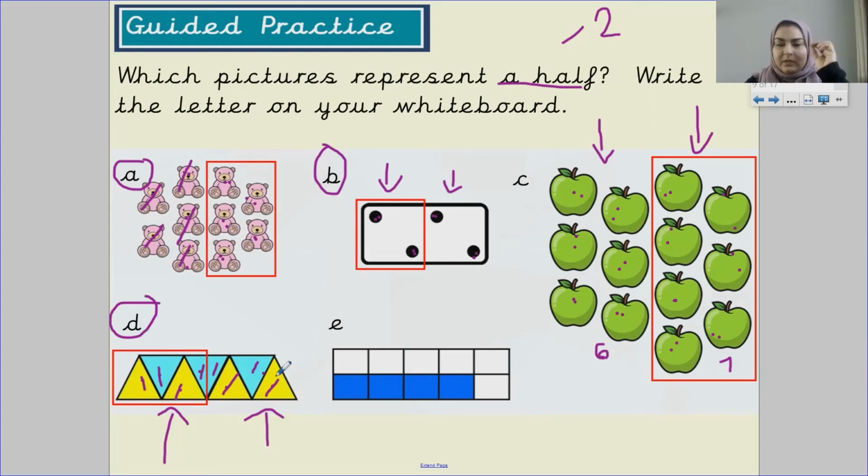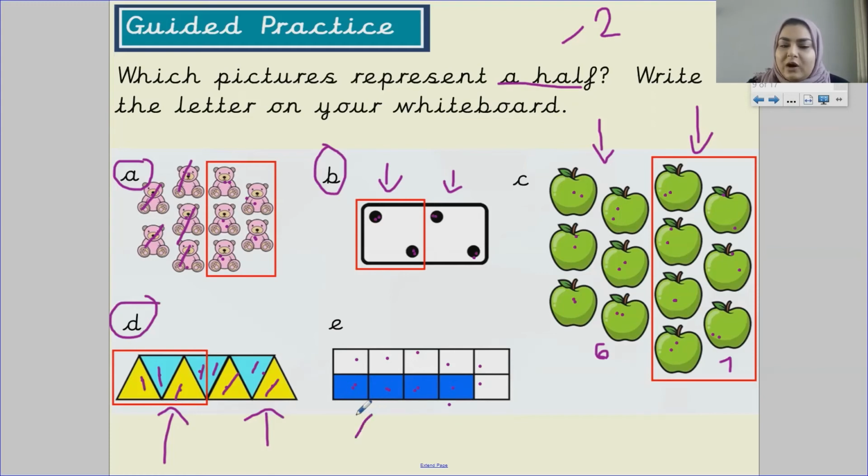Now let's look at E. Let's count how many parts we have all together. 1, 2, 3, 4, 5, 6, 7, 8, 9, 10. So I have 10 parts all together, and out of these 10 parts, 1, 2, 3, 4 are blue.